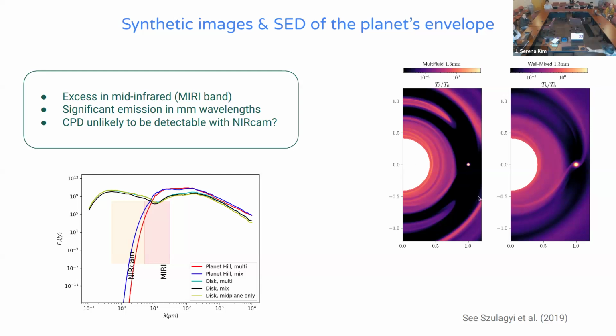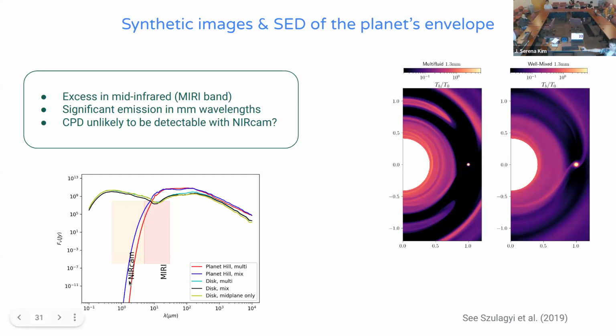So if you're unable to see a protoplanet with ALMA, hoping that you see it at shorter wavelengths may be unlikely. It's a strong conclusion, but this test indicates that it's not easy, and it's in agreement with previous works.